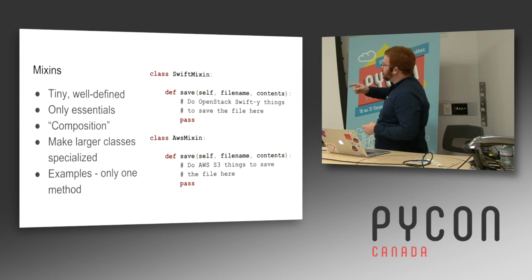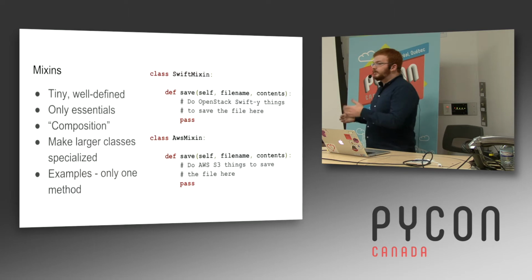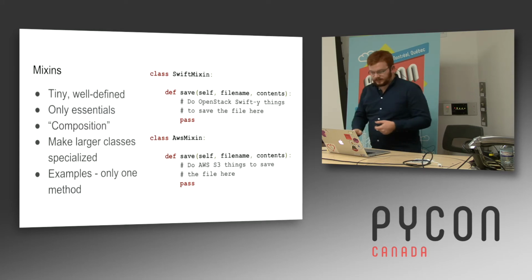Both of these mixins, Swift Mixin and AWS Mixin, provide the same interface. They both have this single save method that has the arguments self, which is implicit, and then file name and contents. So you could probably assume if you saw them in the same area of a code base, that they're intended to serve the same purpose.